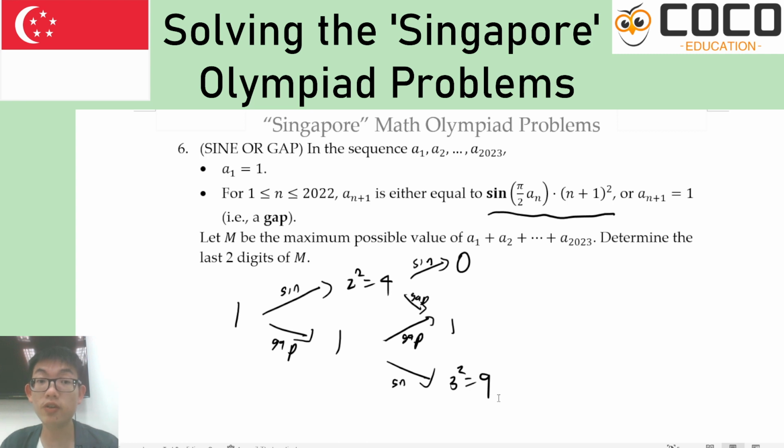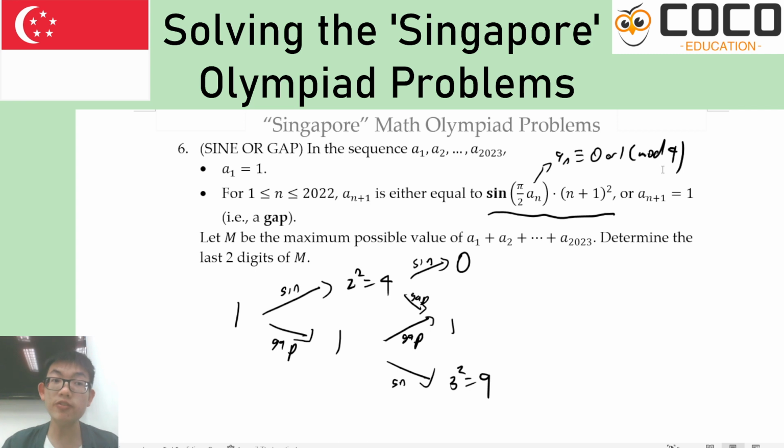So now you've got 0, 1, or 9, and your possible outcomes, you realize, are always going to be something like that. Meaning that this here is always going to be a square, and we know that a square is going to be 0 or 1 mod 4.